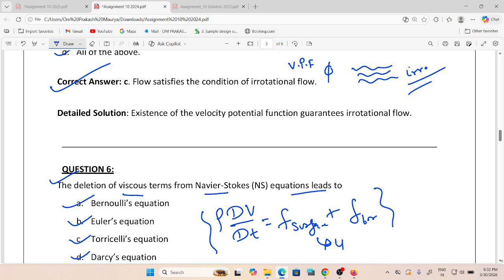Remember please. Now if you remove this viscous term, which is within this force, your equation will become the Euler equation. Remember please, this equation will become the Euler equation.